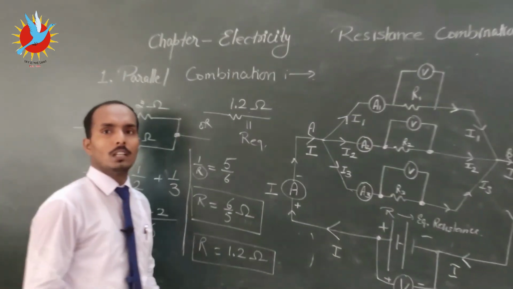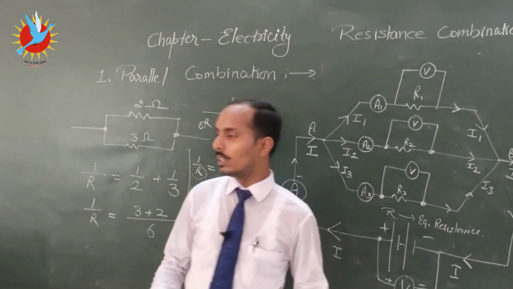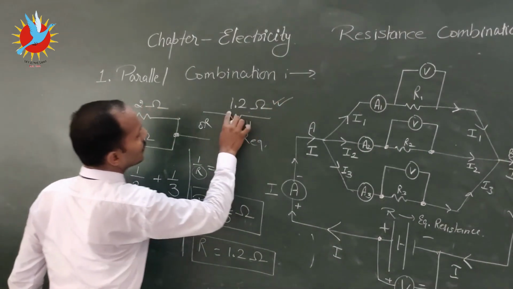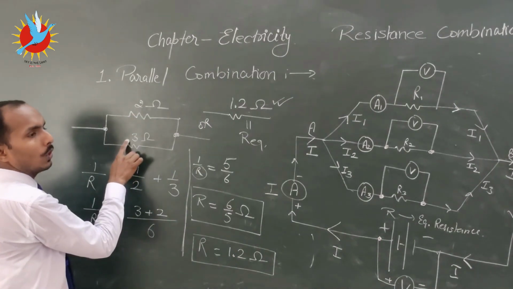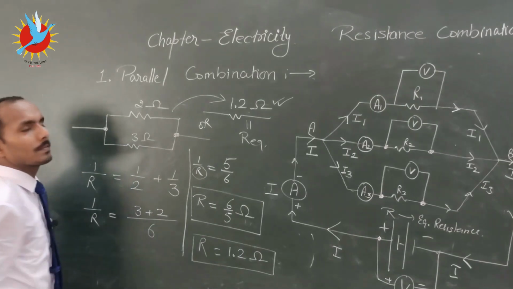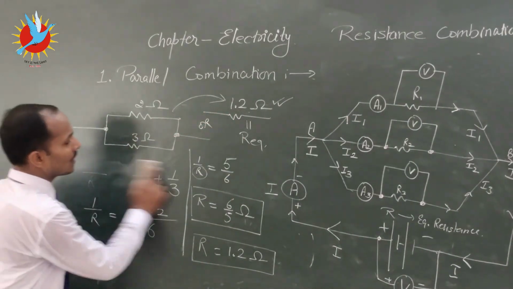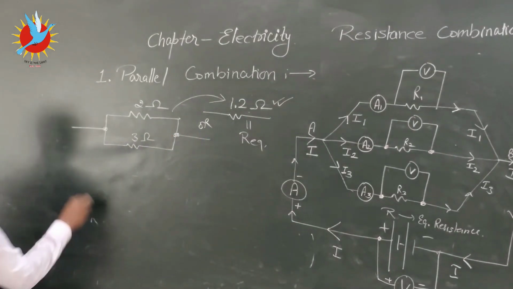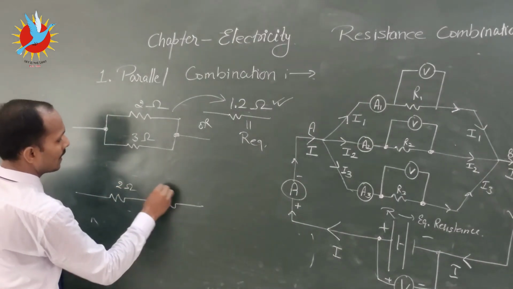So this is resistance in parallel combination and series combination. Focus on one point: this value is 1.2 and it is less than 2 ohm or 3 ohm. It means in parallel combination we always get less resistance. But in case of series, suppose this is 2 ohm and this is 3 ohm.